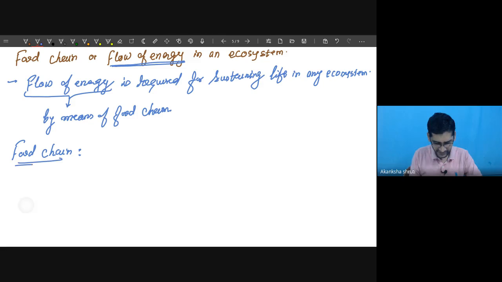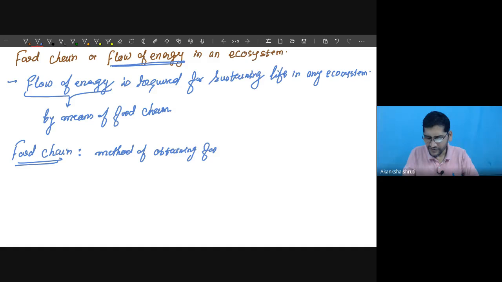So student, food chain is nothing but how one organism is obtaining food from another. So the method of obtaining food, or the resources from which the food can be taken.